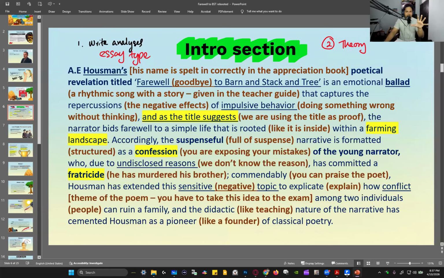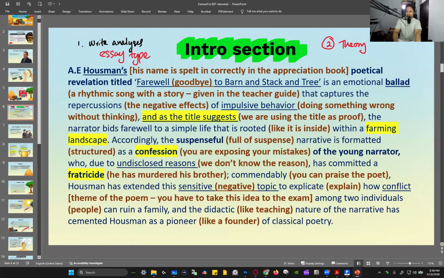So you can use this intro section when writing analyses, and you can also use it to learn theory.